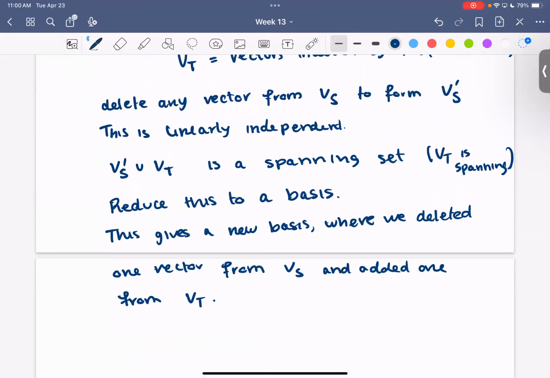And that proves that the basis exchange is satisfied for this matroid. Are there questions?